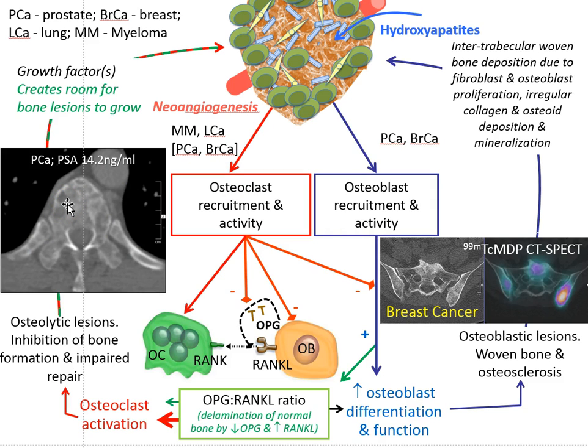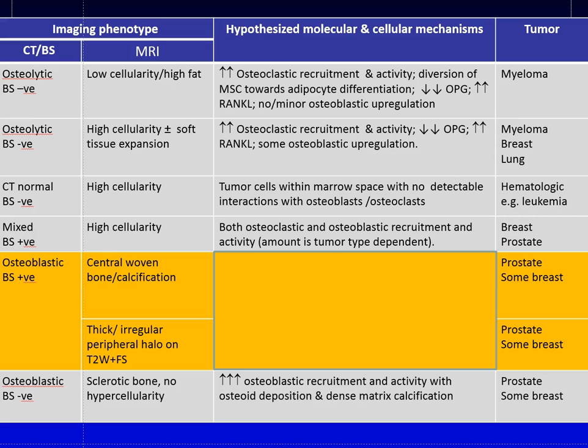Another pattern that I'd like to talk to you about today is what I call pattern 5. Pattern 5 is not uncommon, especially in breast and prostate cancer, and these are osteoblastic lesions that are often bone scan positive.